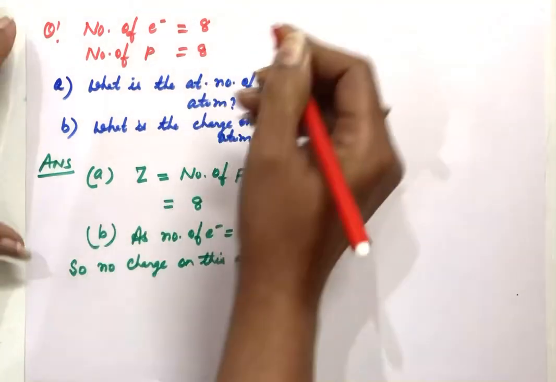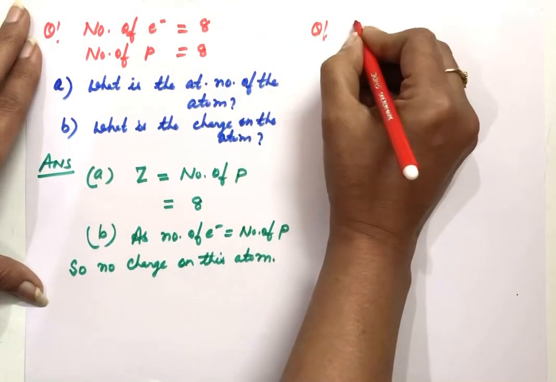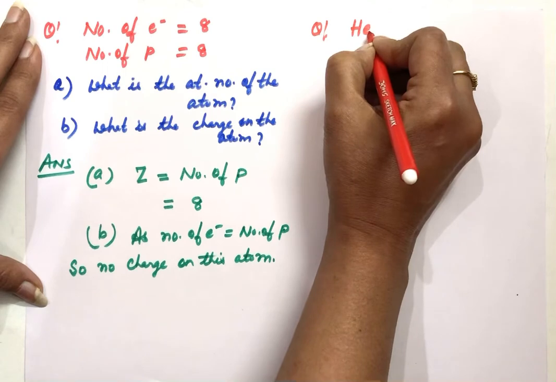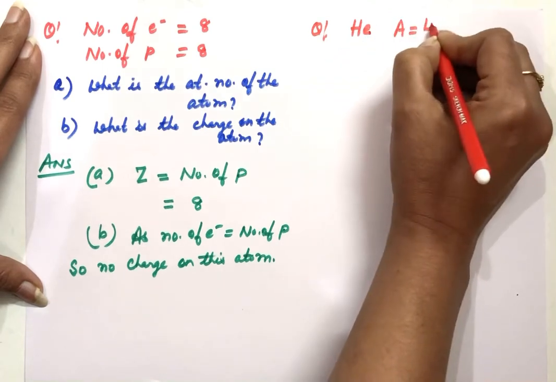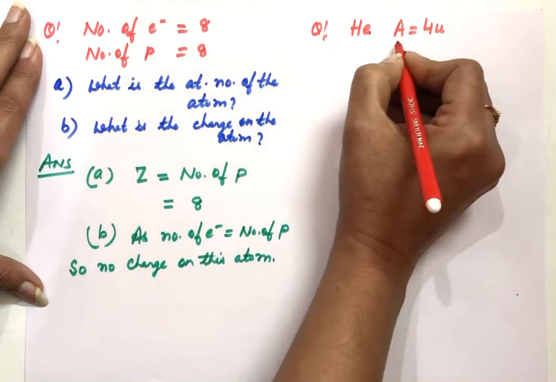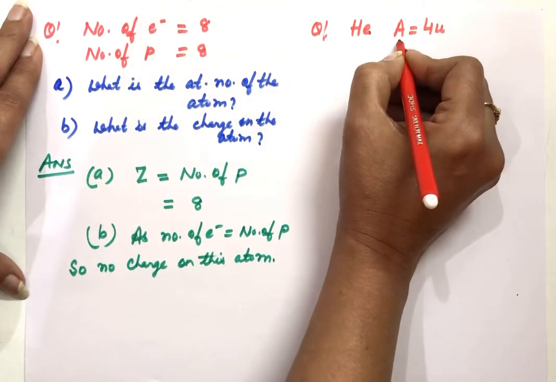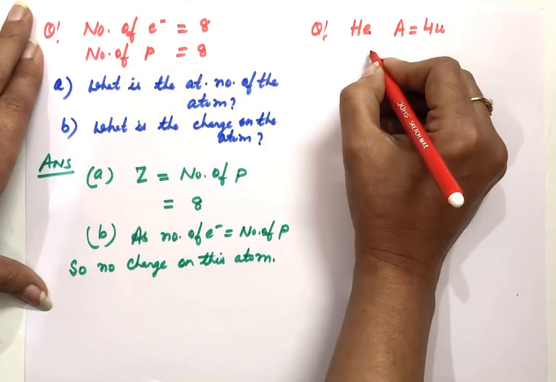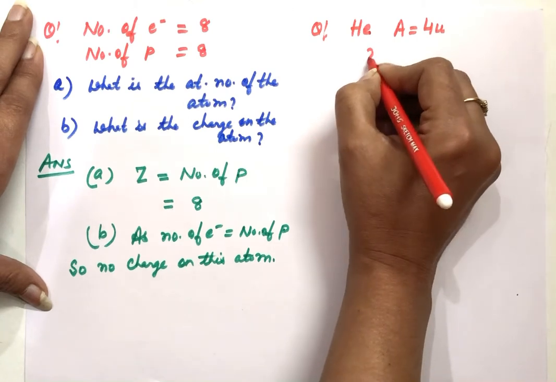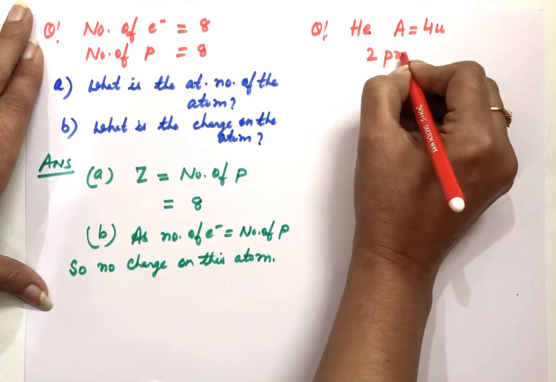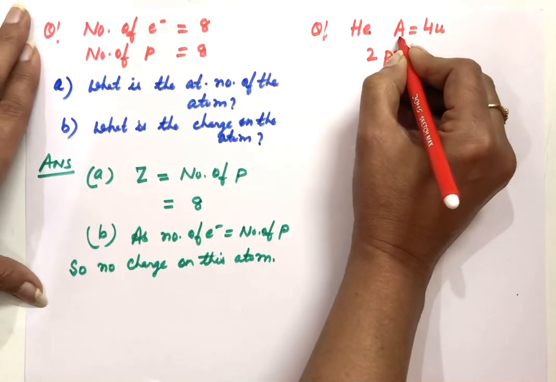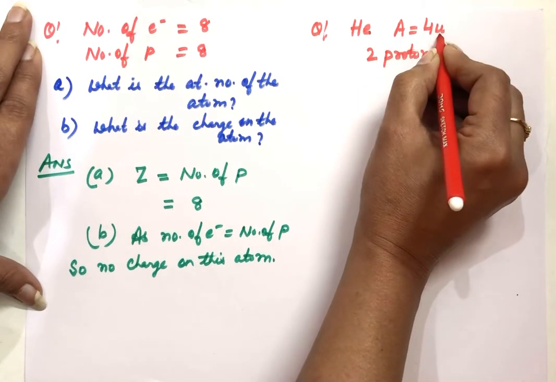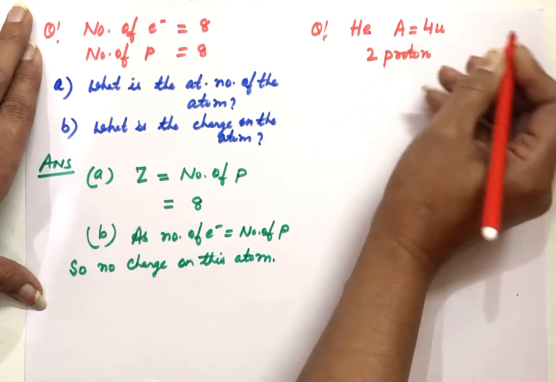Next question now. Helium atom we are taking. Its atomic mass, that is A, is equal to 4 u. Atomic mass is equal to the mass number only, beta. And 2 protons in its nucleus. There are 2 protons in its nucleus. So actually A is the symbol for the mass number, but here I am writing the atomic mass because approximately they are equal.